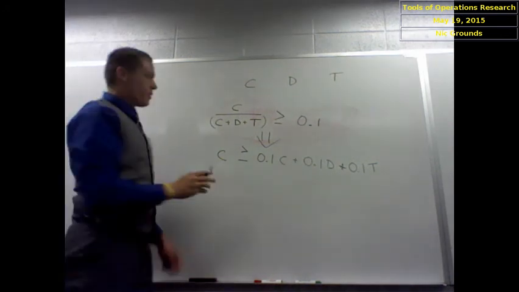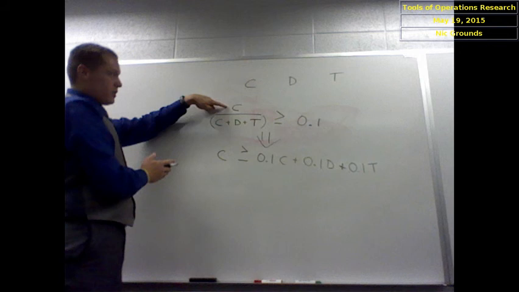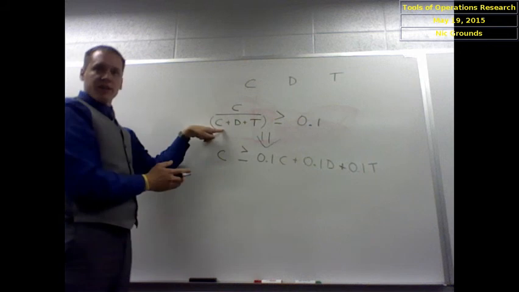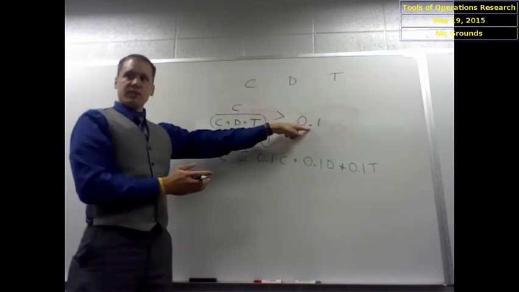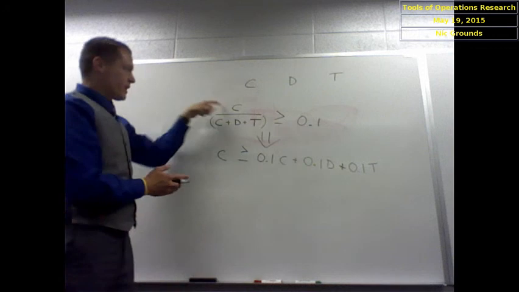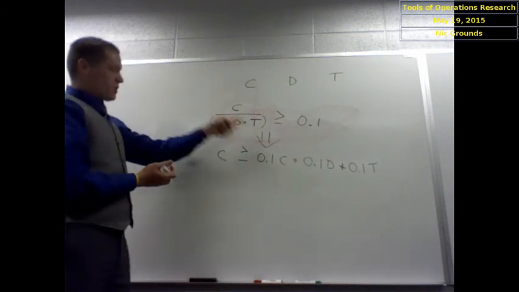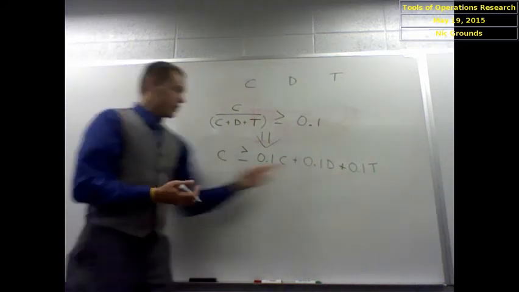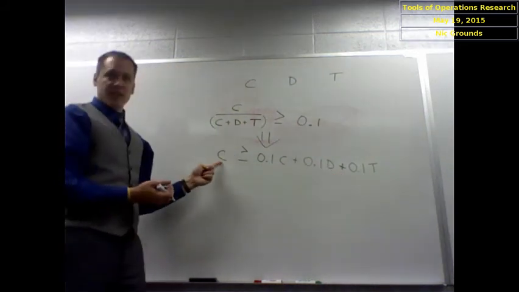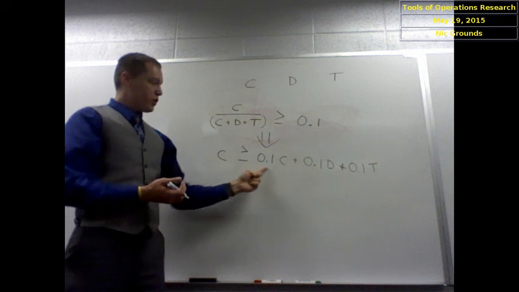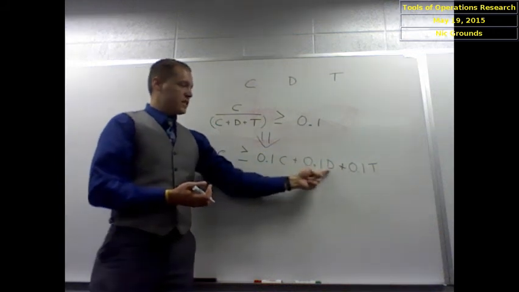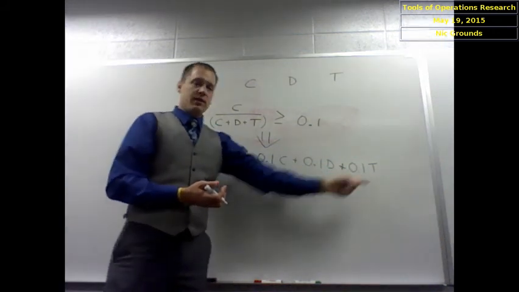I want to make sure everybody followed me. We took this constraint, the proportion of chairs to all things must be greater than or equal to 0.1, that is, we have to make at least 10% of our products as chairs. We transform that into a different looking constraint that says 1C must be greater than or equal to 0.1C plus 0.1D plus 0.1T.